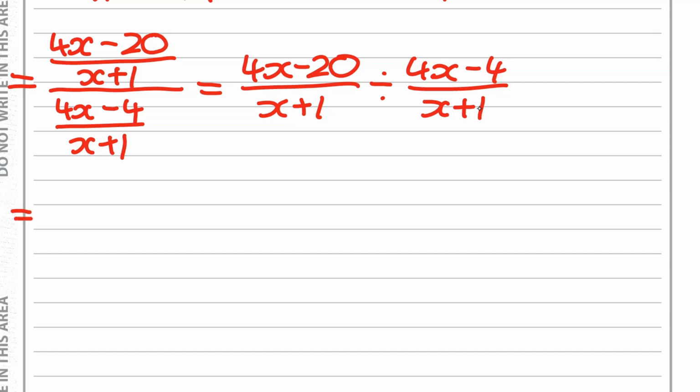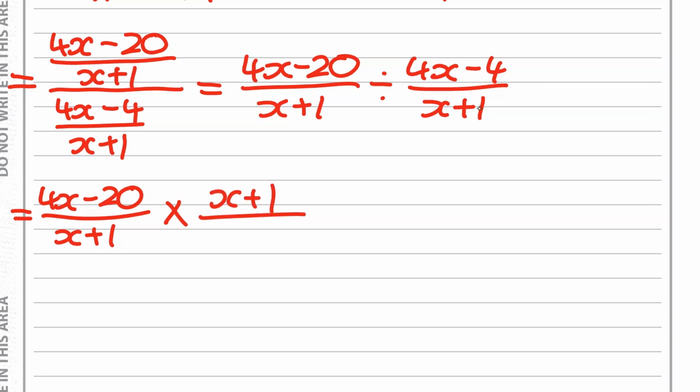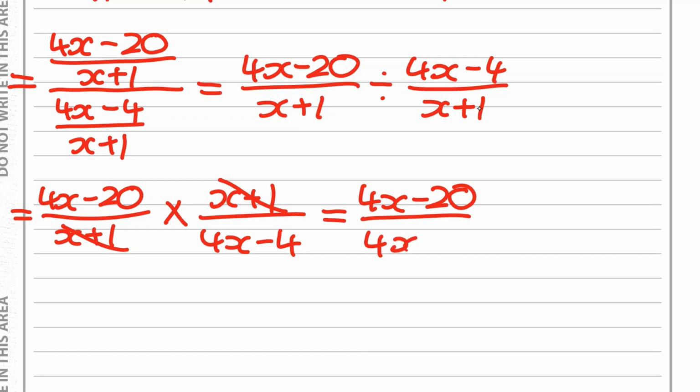So we can rewrite this as 4x minus 20 over x plus 1 multiplied by, and then we flip this fraction, so it's now x plus 1 over 4x minus 4. And what we can do is this x plus 1 cancels out with this x plus 1 to leave us with 4x minus 20 over 4x minus 4.